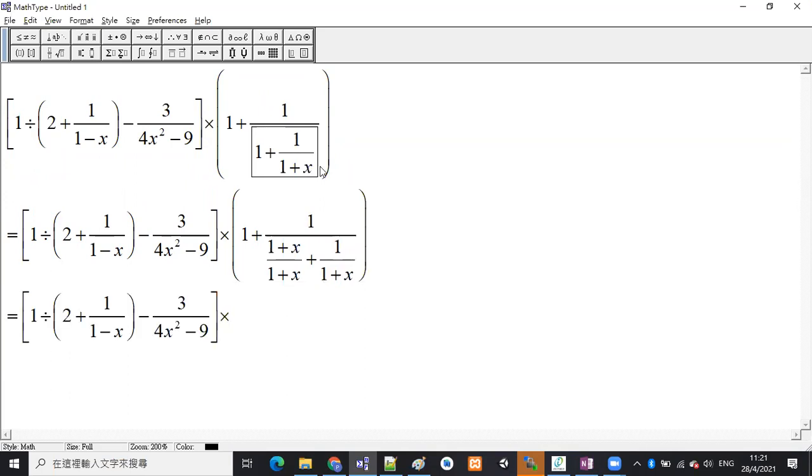And then, when we make that denominator common, we may merge the two fractions together.